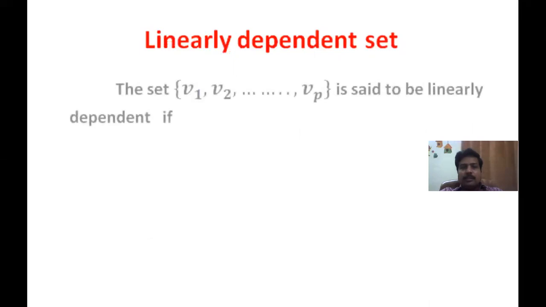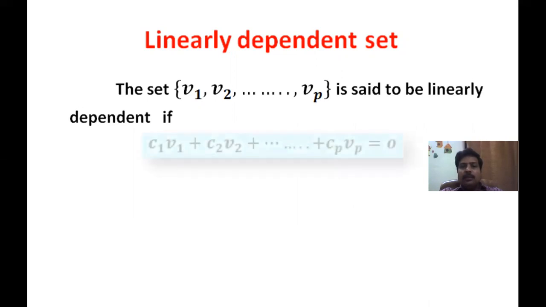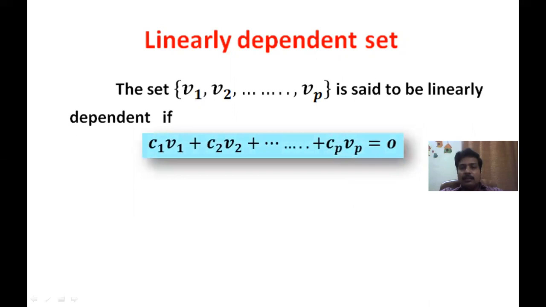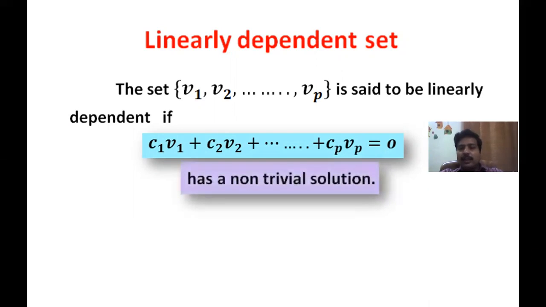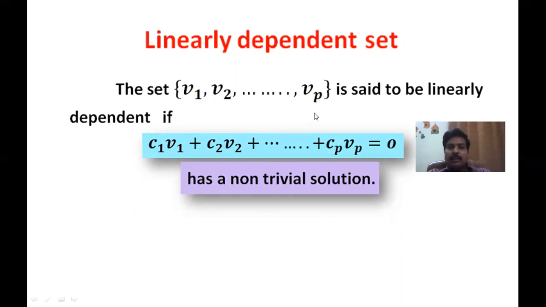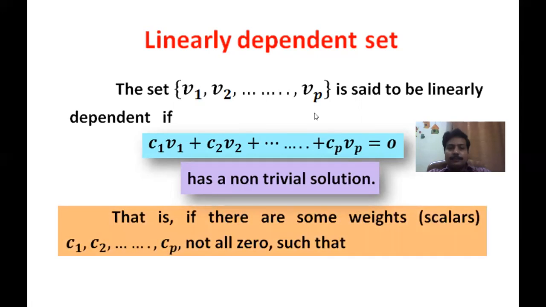In contrast, the set of V1, V2 and so on Vp is said to be linearly dependent if the relation which we call as linear dependence relation C1 V1 plus C2 V2 and so on Cp Vp is equal to 0 has a non-trivial solution. If we are able to find a non-zero solution for this equation, then we can say that these vectors are linearly dependent.